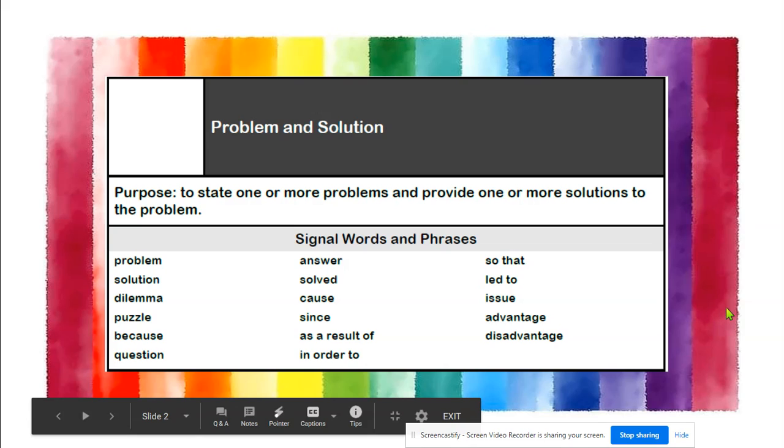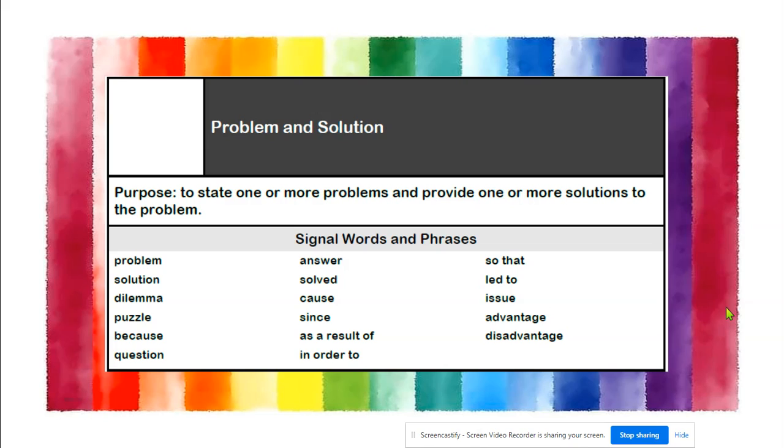First things first is problem and solution. That's a structural choice that authors can make. The purpose of this is to state one or more problems and provide one or more solutions to the problem.